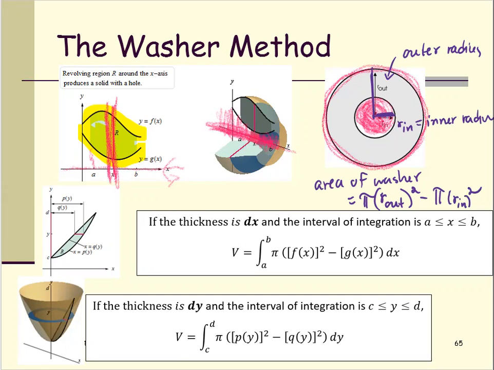Both have the common factor pi, so you can factor the pi out and just work on the square of the outer radius subtracted by the square of the inner radius. The graph will help you determine which one is which. So that's the concept. Let's see the first problem, and I'll walk you through slowly for each one of them.